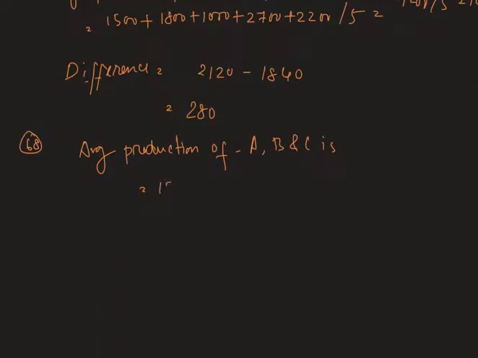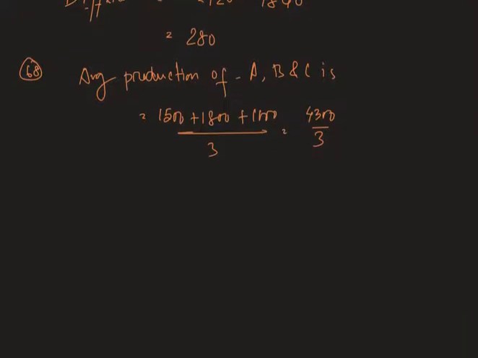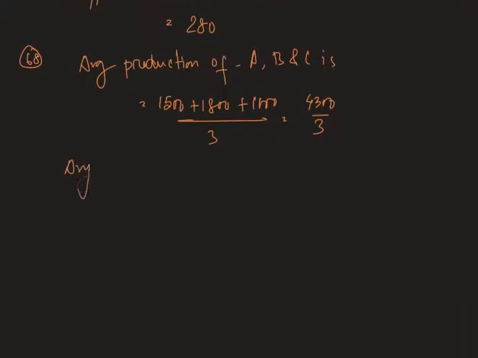Average of 1500, 1800 and 1000, and this results in 4300 divided by 3, and that is equal to... we don't need to evaluate this because we leave it as a fraction. This helps further calculation to find the ratio.